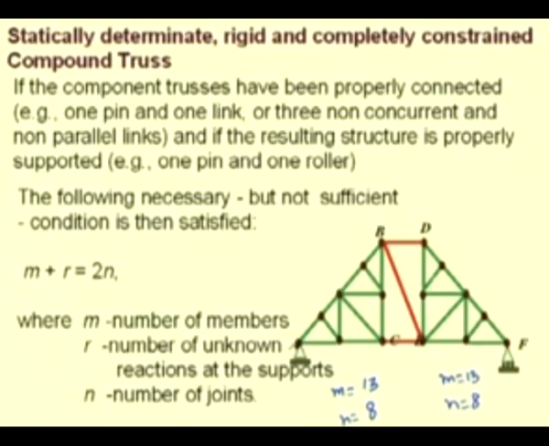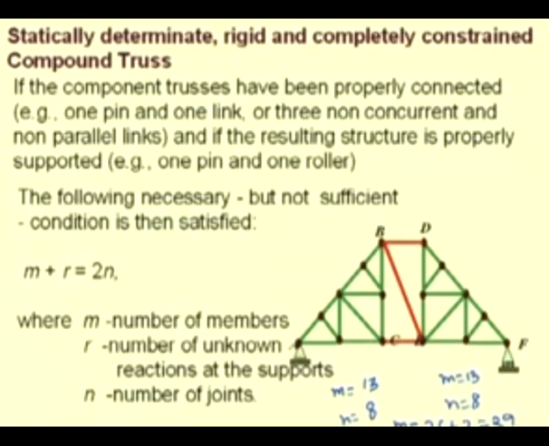So, the total number of members in this case is 26 plus the 3 connecting links, that is 29, and the total number of joints is 16. So, in this equation, the number of members is 29 plus the external reactions.